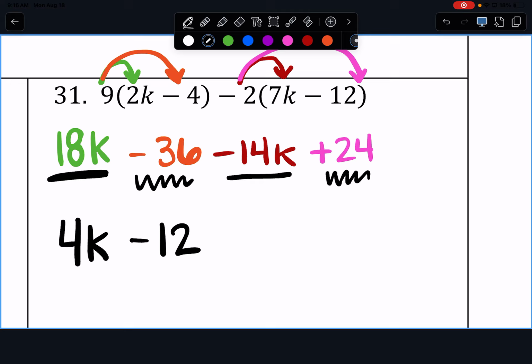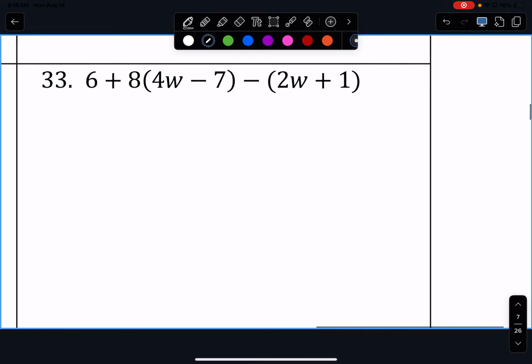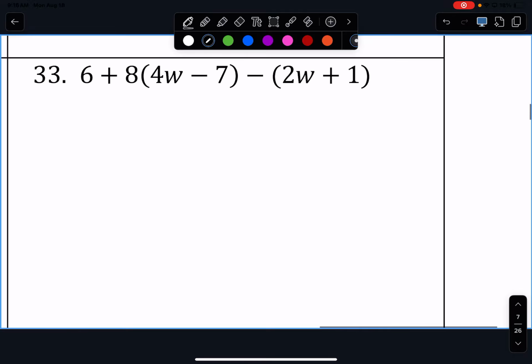All right. Now we're going to go ahead and do number 33. So for 33, does that 6 in front have anything going on with it? So we just need to bring that down, and then we can actually start distributing. 8 times 4w is what? 32w. 8 times negative 7 is?